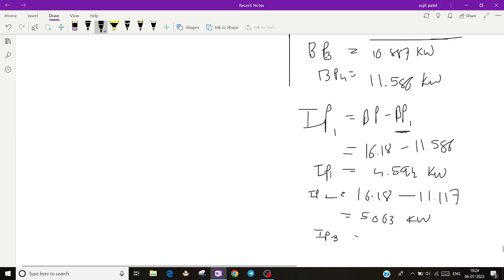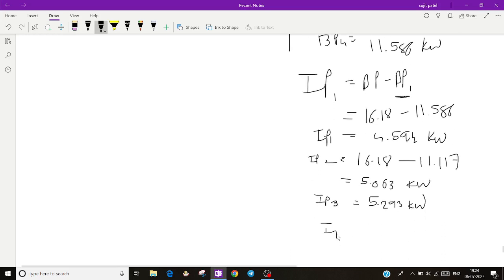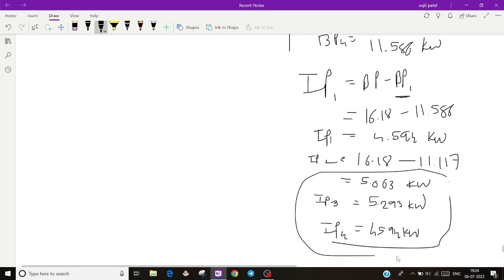IP3, similarly you will get 5.293 kilowatt. IP4 when cylinder 4 is cut off, that is 4.594 kilowatt. These are the four results of indicated power.